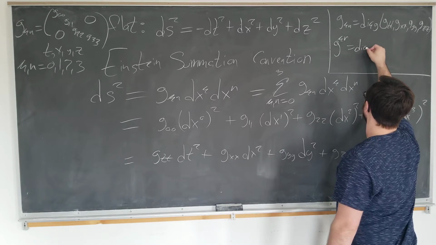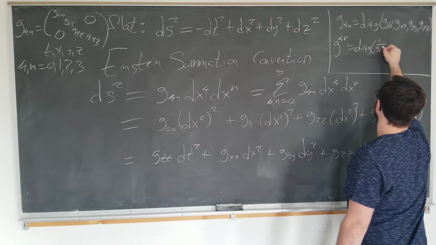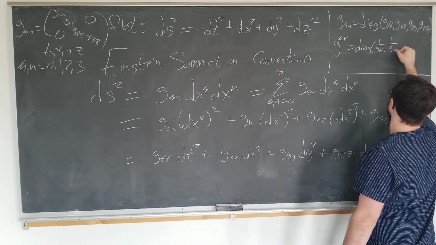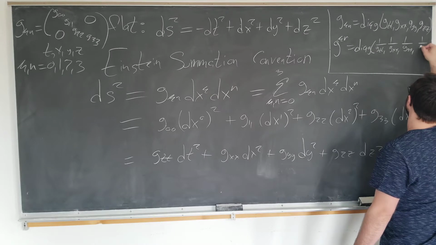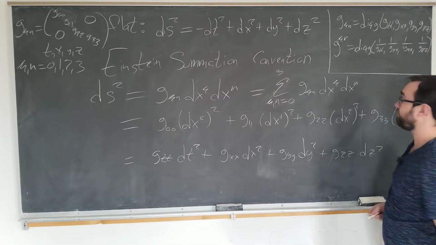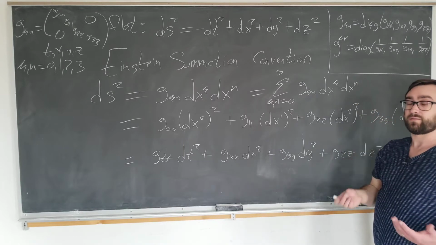So it would be the diagonal matrix of 1 over gtt, 1 over gxx, 1 over gyy, and 1 over gzz.